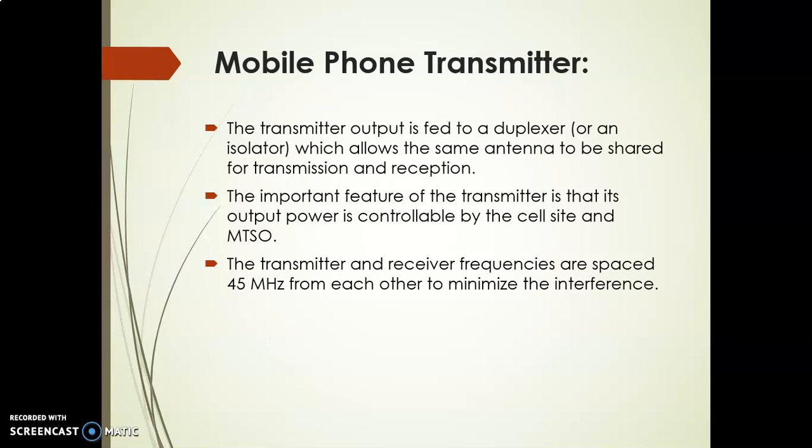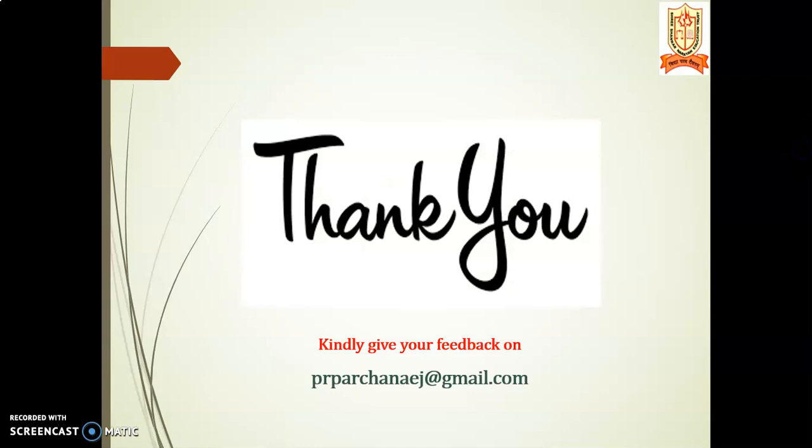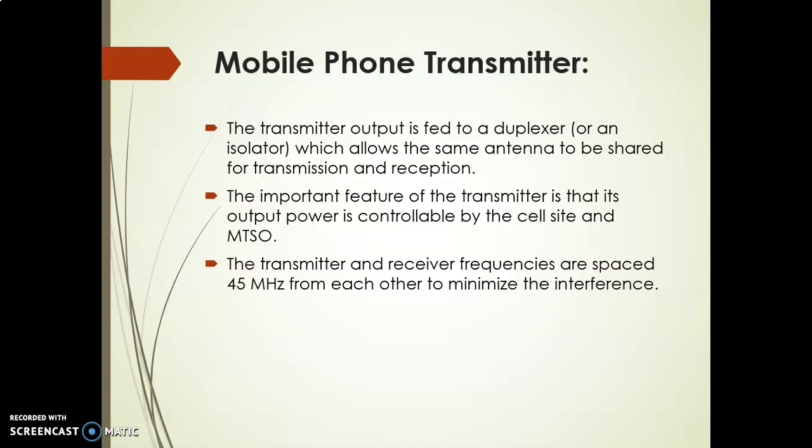The transmitter and receiver frequencies are spaced 45 MHz from each other to minimize interference or disturbance. Okay, that means the transmitter output is lastly fed to the duplexer or the isolator, which will allow the same antenna to share the transmitted signal.